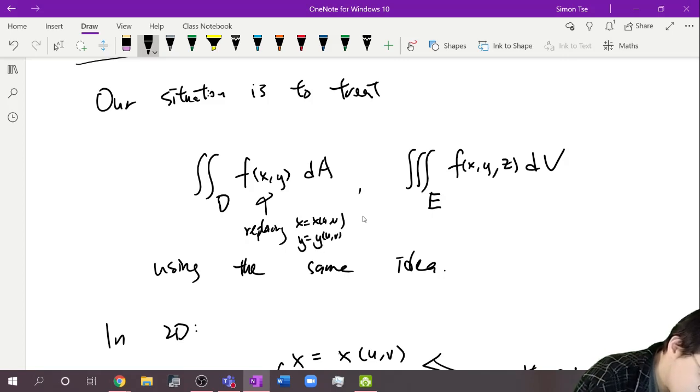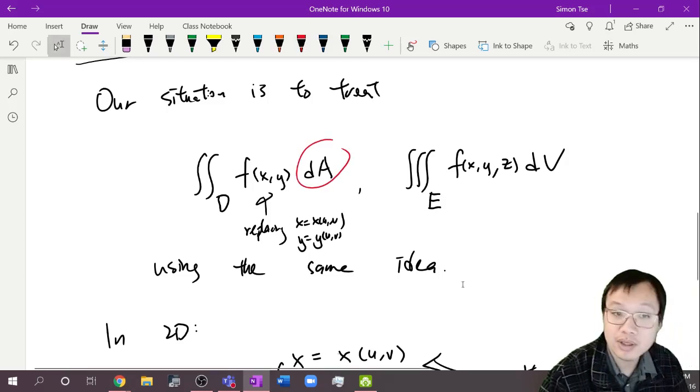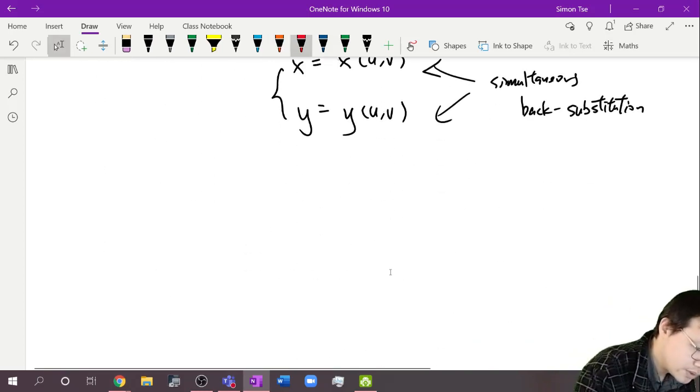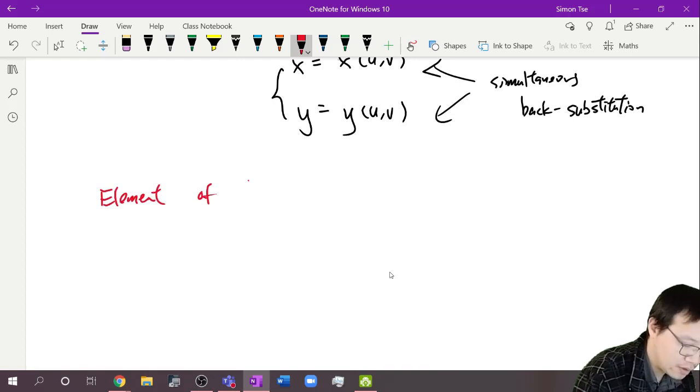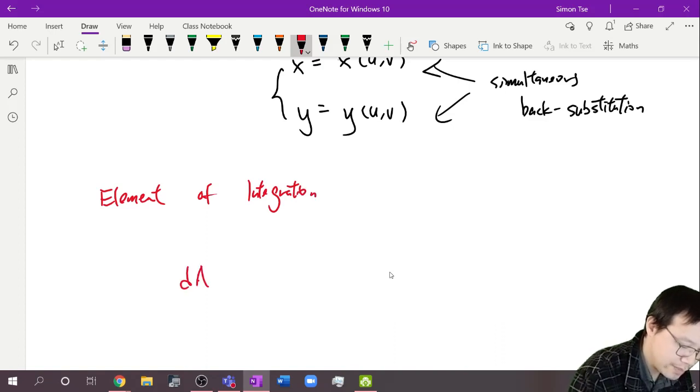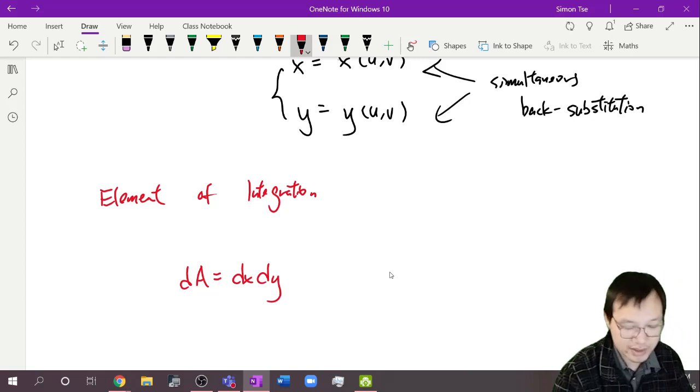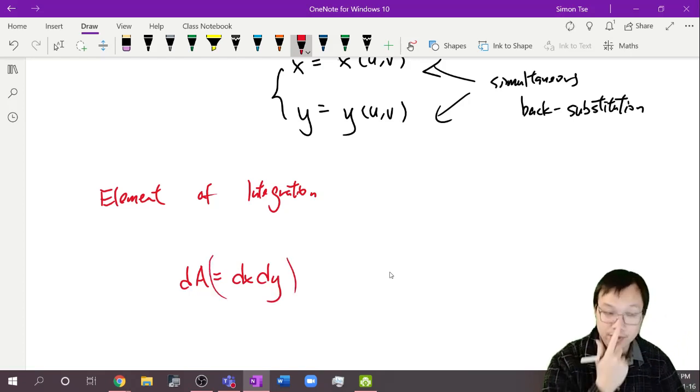That should be fine. That's not the hard part. The hard part is the element of integration. In the past, we have the easier case, which is just dx dy or dy dx, depending on which variable you integrate first.